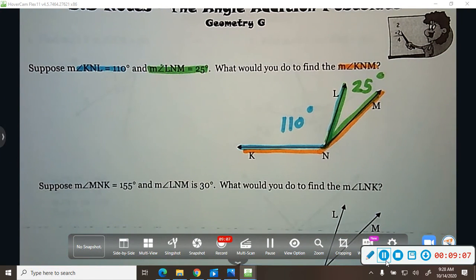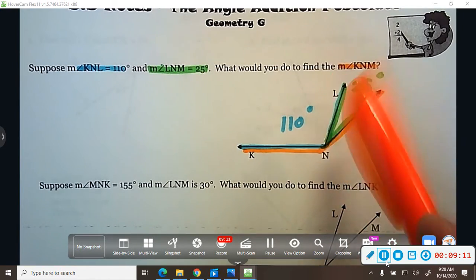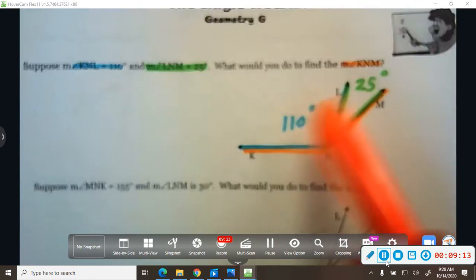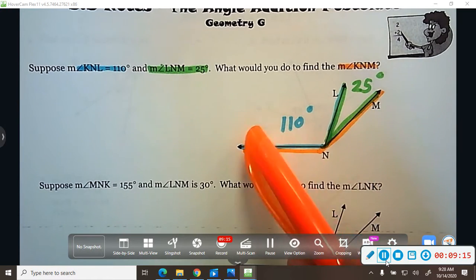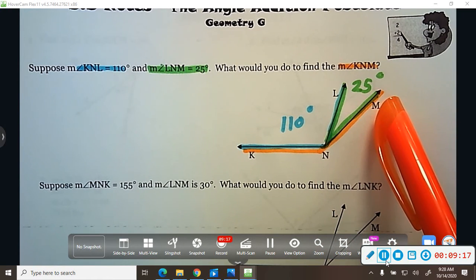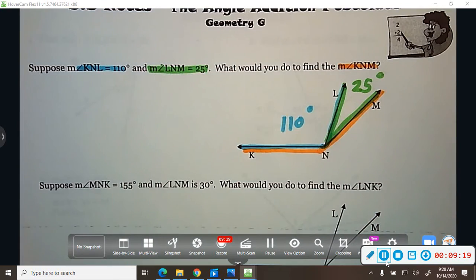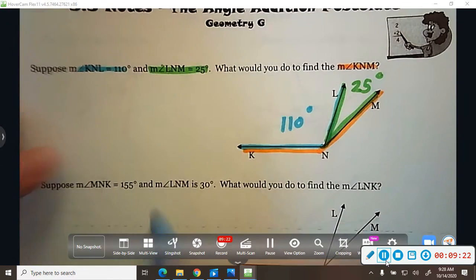Well, we're going to use the angle addition postulate that says if you have a point in the interior and that makes two angles, then both of those add up to the whole thing. So by the angle addition postulate, I will just take 110 plus 25.